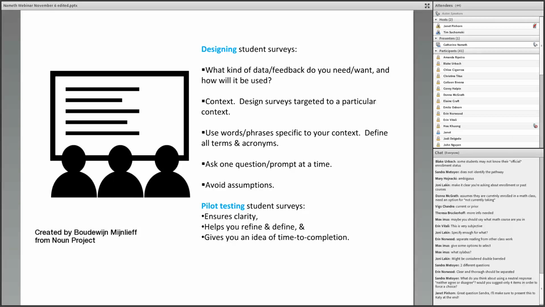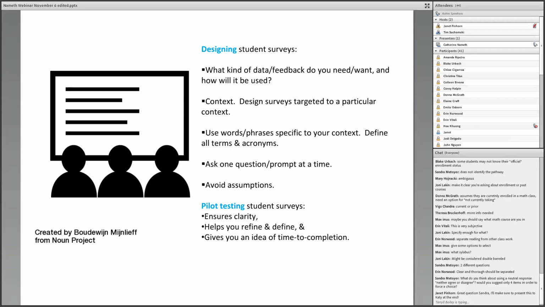As we all know, the longer you're somewhere, or the longer you teach a particular group of students, your demographics may change, your program may change. So keep your context at the forefront of your mind. You also want to use words and phrases specific to your context and define all terms and acronyms.